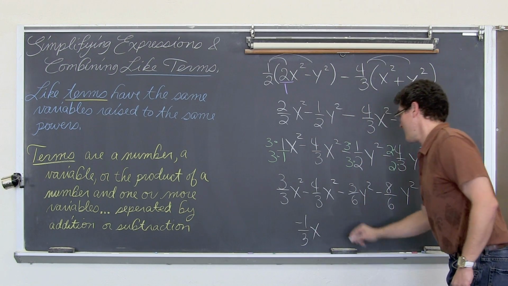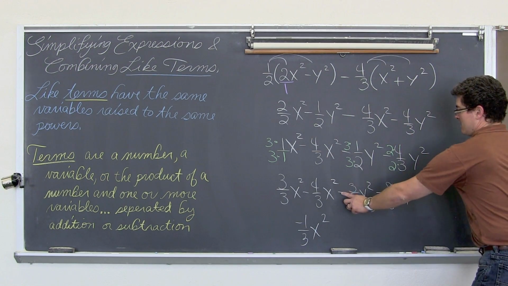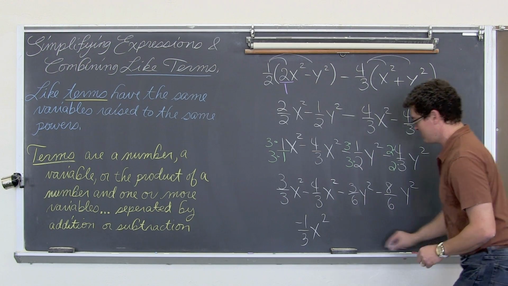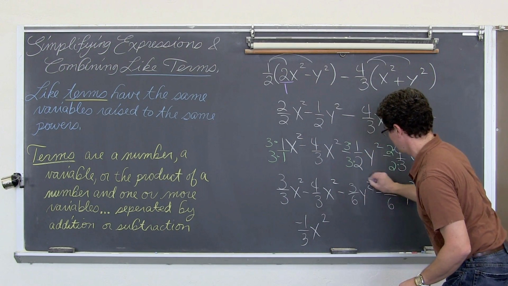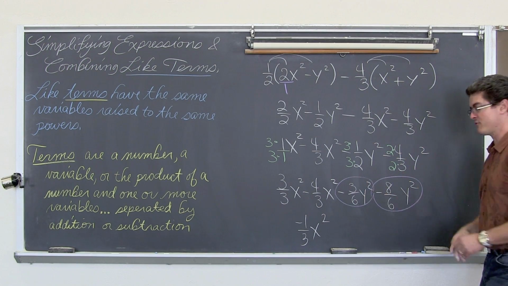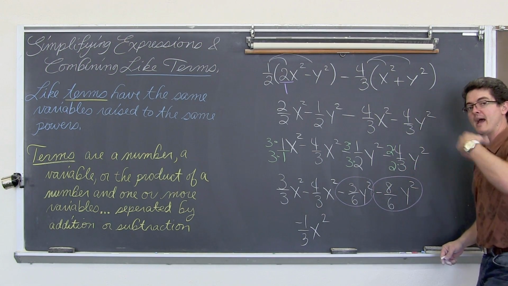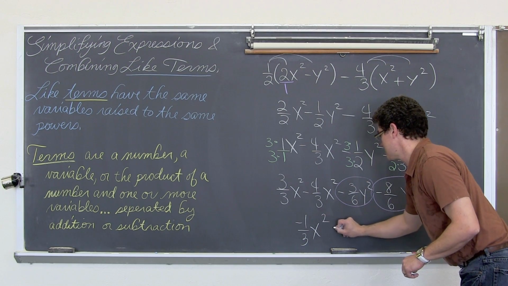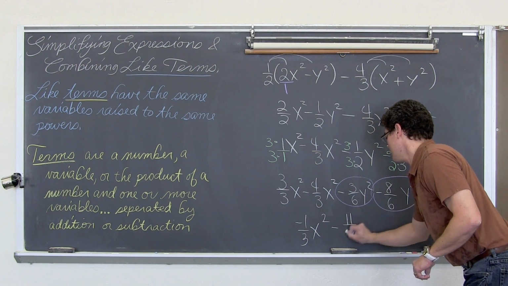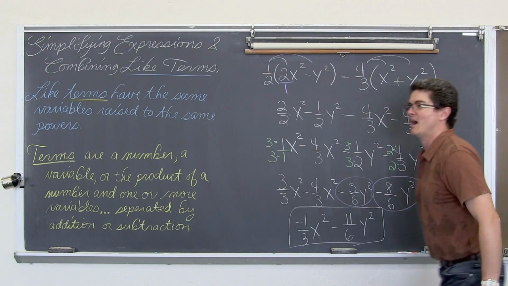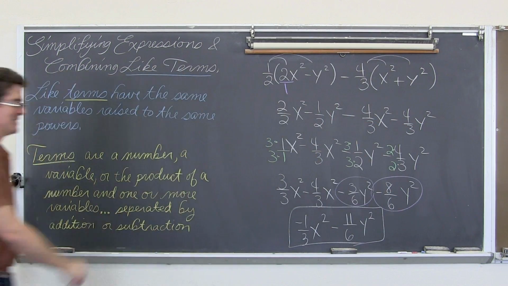So negative 1/3 x squared. And negative 3 and negative 8. Let's not forget, as I am doing, that we want those signs out front. So negative and negative, we're going to add those numbers and keep the signs. So negative 3 and negative 8 is negative 11 over 6 y squared. I'm Mr. True. Go do your homework.